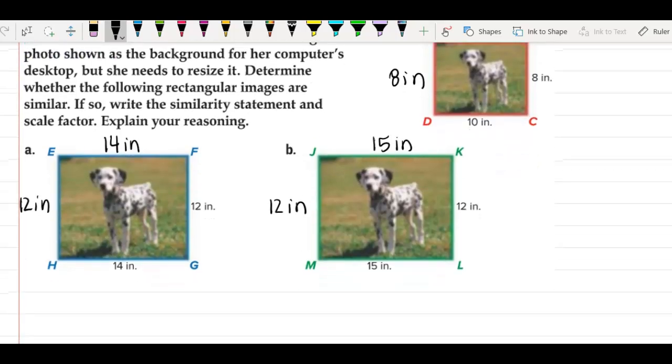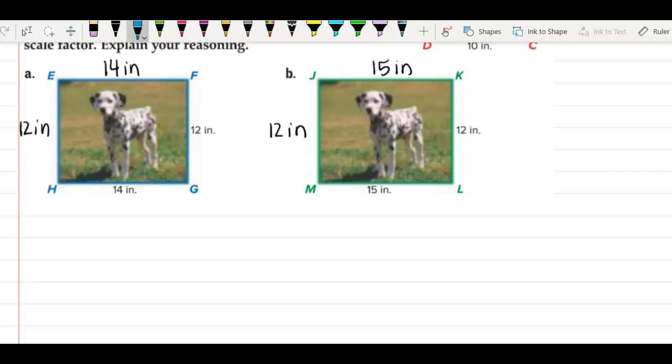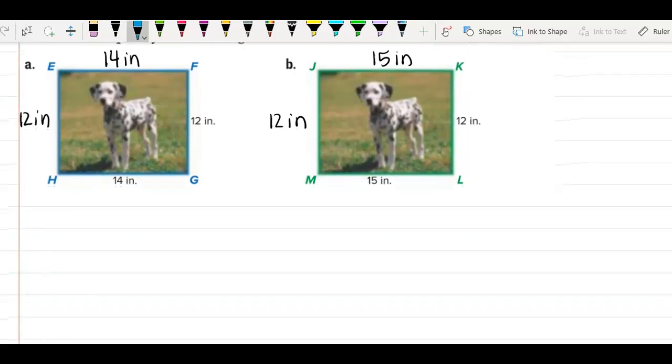If we were looking at our blue rectangle, the first thing we would want to ask is, are the angles congruent? And we could say yes, because since they're rectangles, all the angles in all these figures are 90 degrees. So we could answer that for the second one as well.